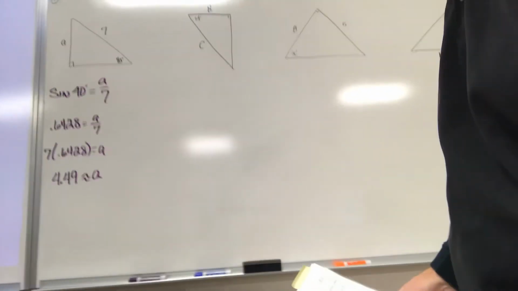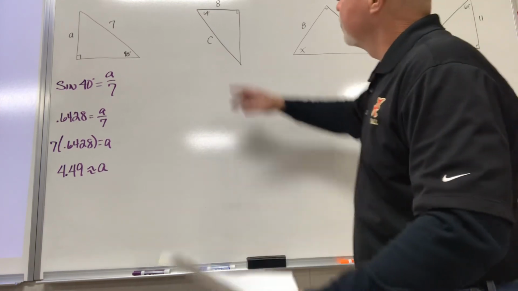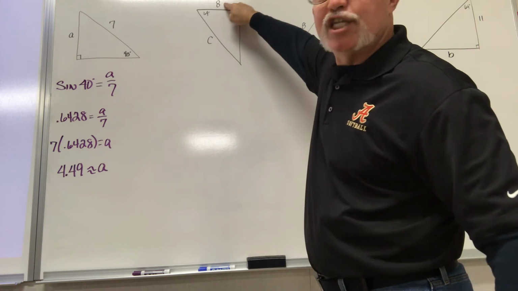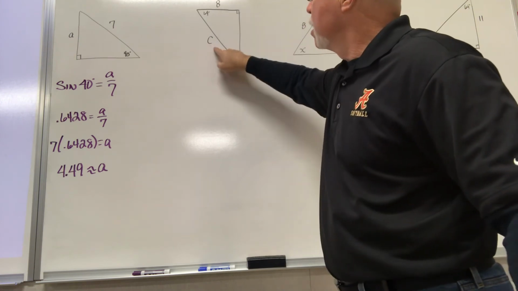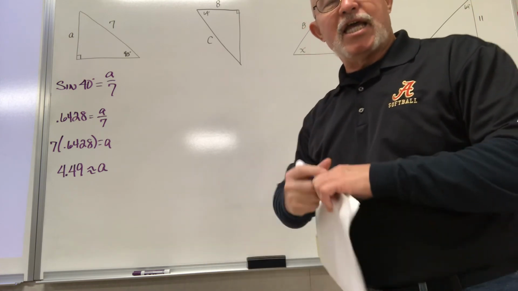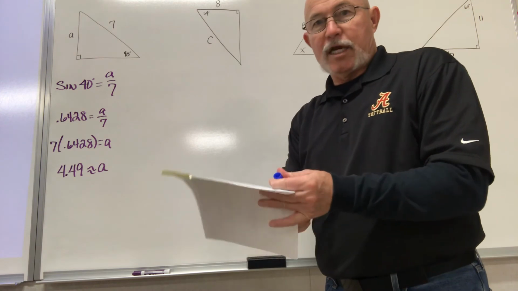Okay? Our next one here. Once again, let's look at the problem. Okay? I have an angle. I have the adjacent leg. I have the hypotenuse. Adjacent leg and hypotenuse is cosine. Okay?